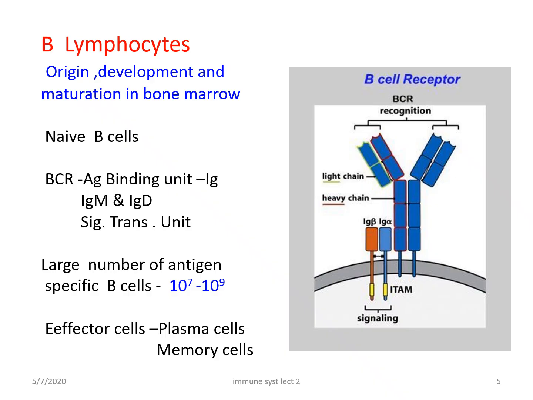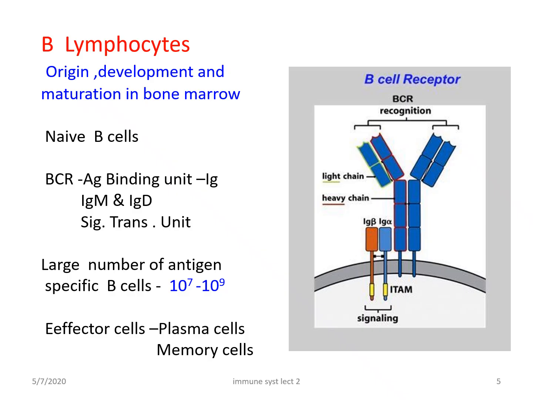This B cell receptor is present on each B cell and acts as the antigen sensing and binding unit. Through this receptor, each B cell comes in contact with the antigen and binds to it.